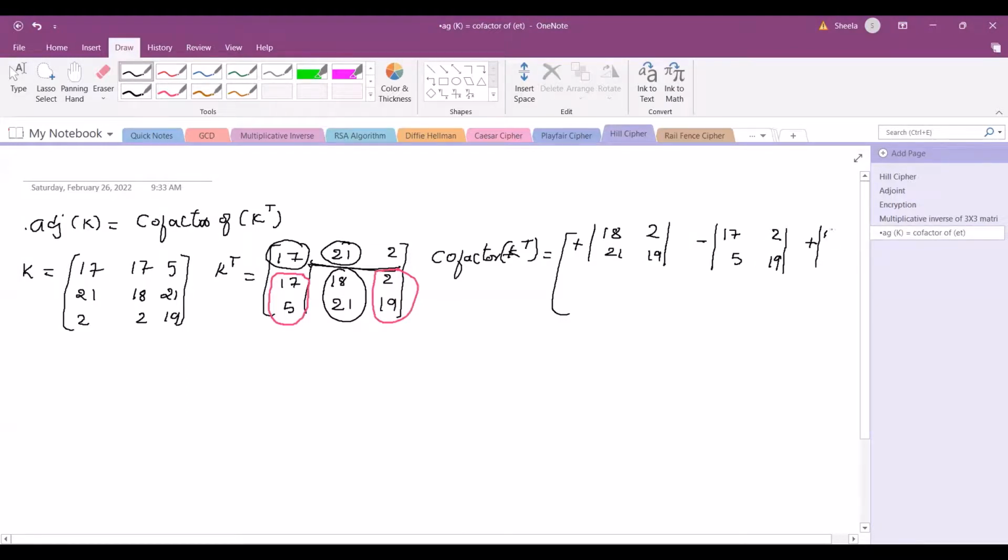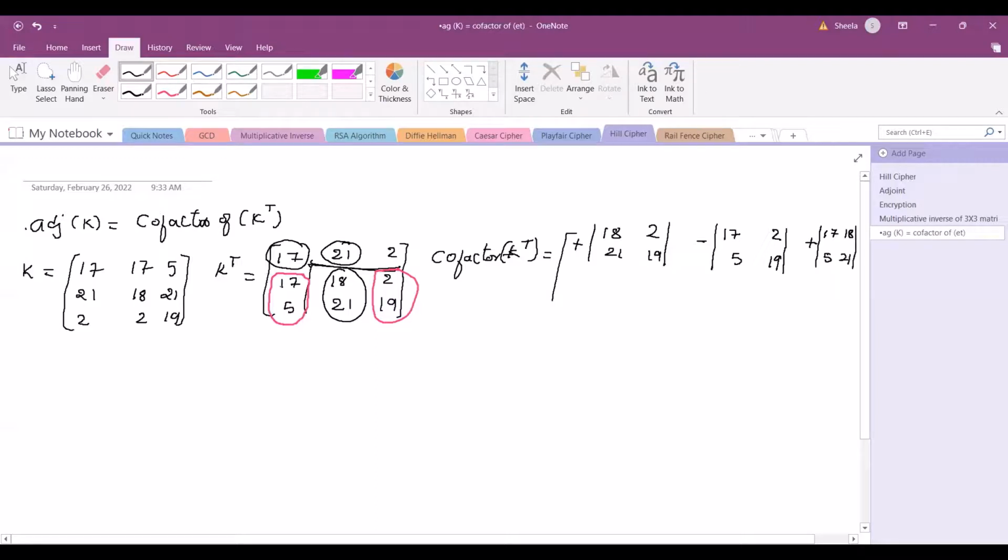When I skip them, I'm left with the submatrix 17, 18, 5 and 21. Accordingly, I need to consider this submatrix for the determinant. Like this, the process is going to continue.